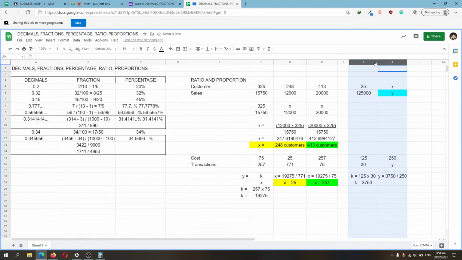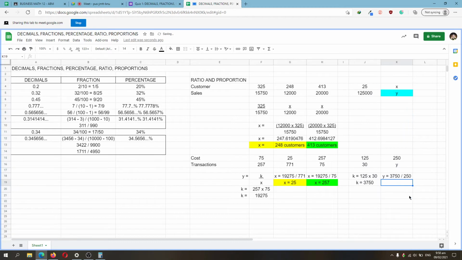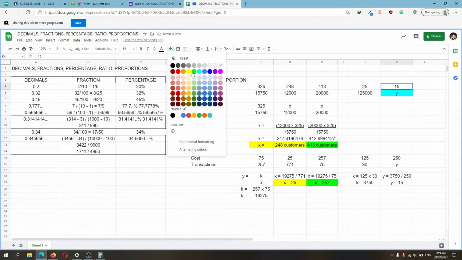So, since kuha na natin yung value na yan, anong gagawin natin doon sa sunod na mga value? So, Y is equivalent to 3,750 divided by 250. So, ano sagot natin? Meron tayong 15 na customer. So, ibig sabihin, ilalagay natin dito 15. Yan. So, 15 customer yan.